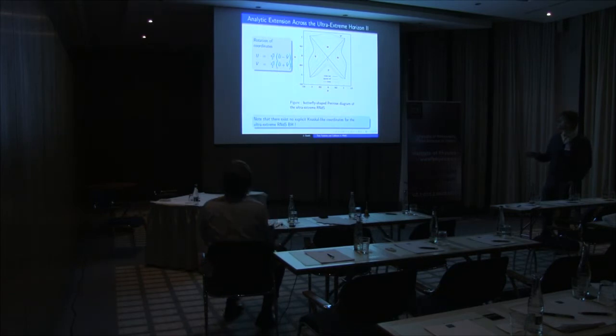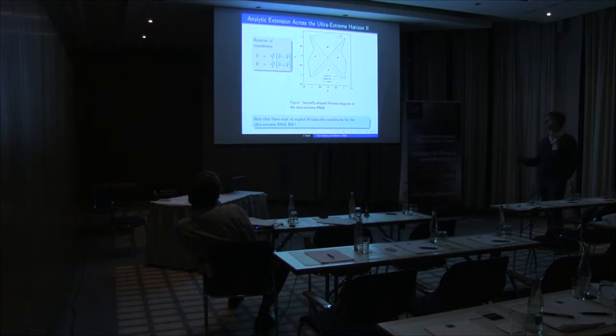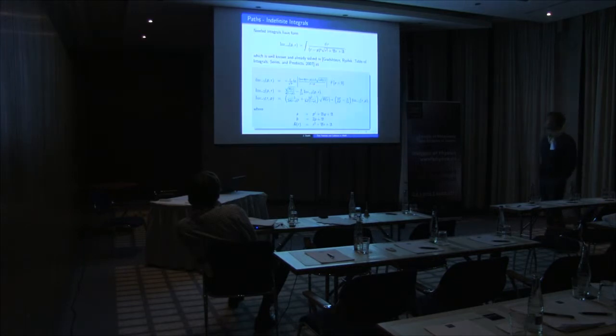We have to stress that there exist no Kruskal-like coordinates. So this was the only possibility to make an analytic Penrose diagram. So if we want to solve the paths, the trajectories, we have to deal with integrals of this form. These are well-known integrals. In the tables we can find them, and they have this form.